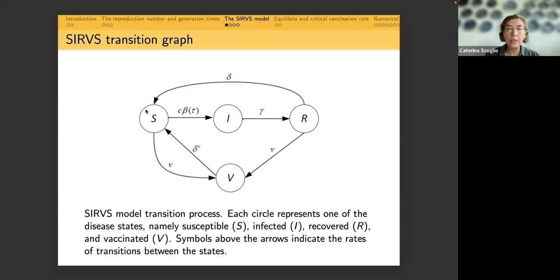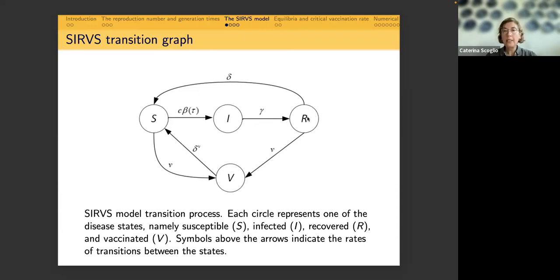Obviously the population is initially in the susceptible state, and with contact with infected, it will transition with a transition rate of C beta tau, in this case a function of the infectiousness, which is a function of the age of infection, and then stay infected for some time and transition to the recovered and immune state through a transition rate gamma.